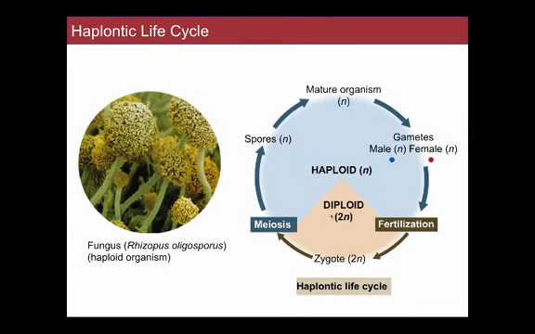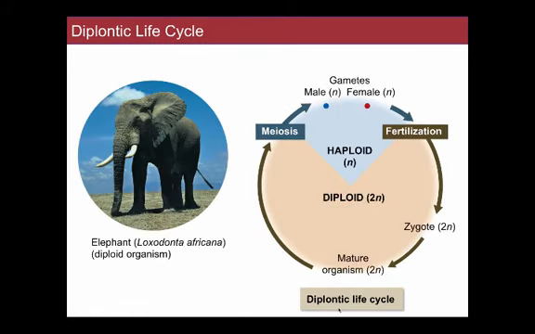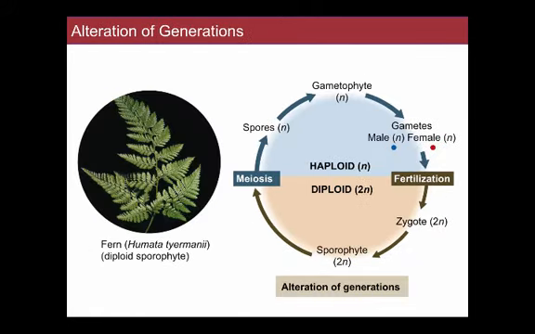And the opposite of that, if you have a haploid phase where the multicellular organism is, and the diploid phase is highly reduced, that's called a haplontic lifestyle, for spending time in the haploid phase, for haplontic, spending time in the diploid phase, for diplontic, and spending time in both is alternation of generations.